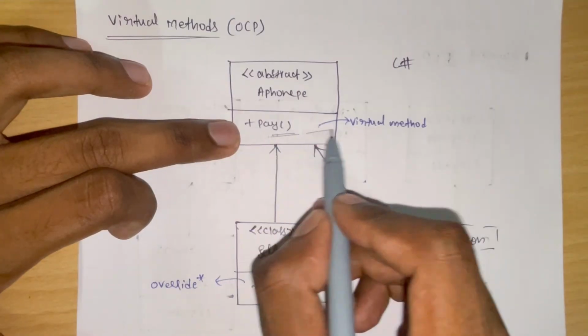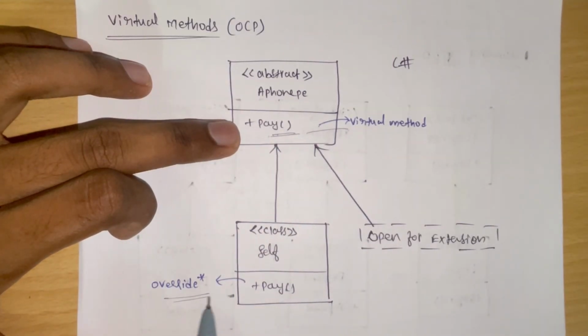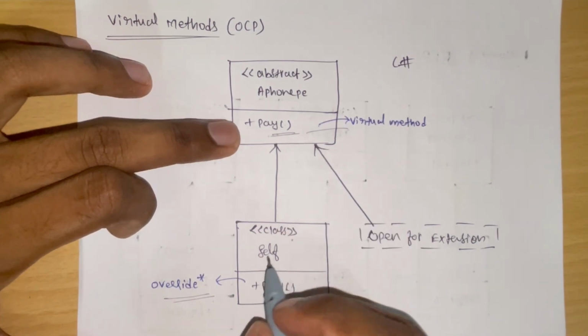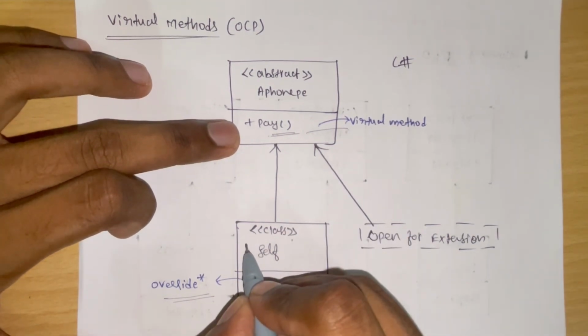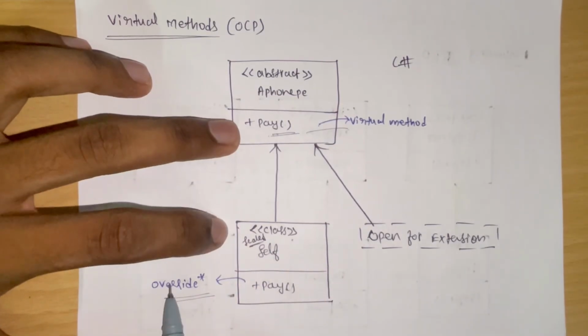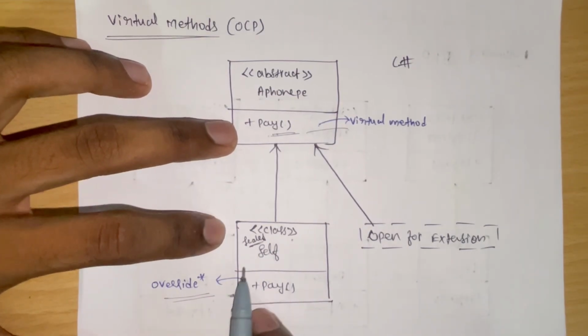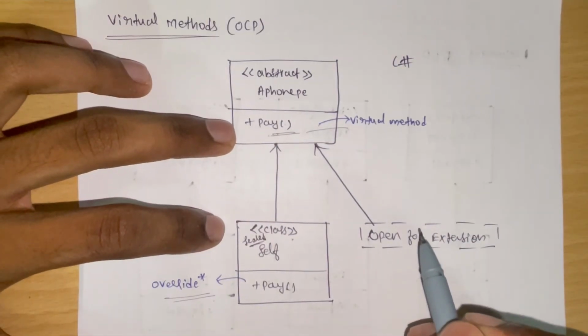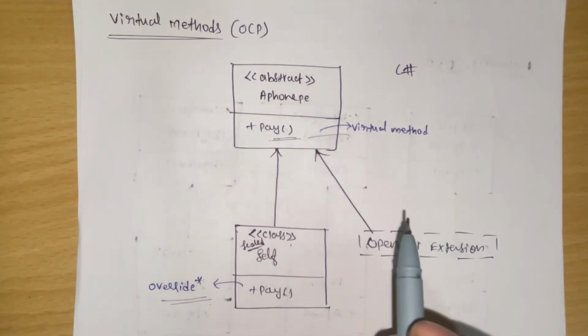This is a virtual method and this is a method that is overridden. This method is overridden in the subclass, which must happen, and this class should be sealed so that you can close it for modification. And here we have an extension point to open it for extension.